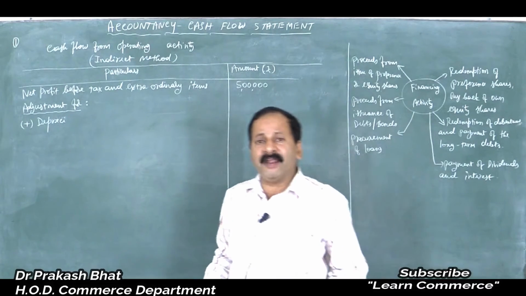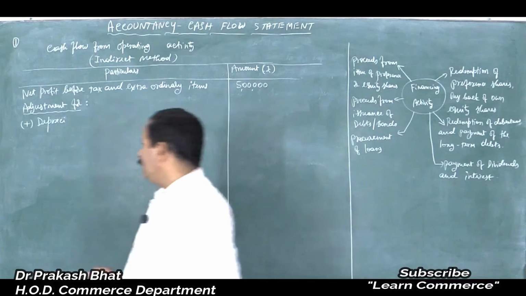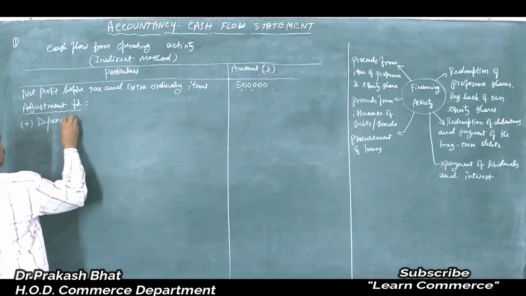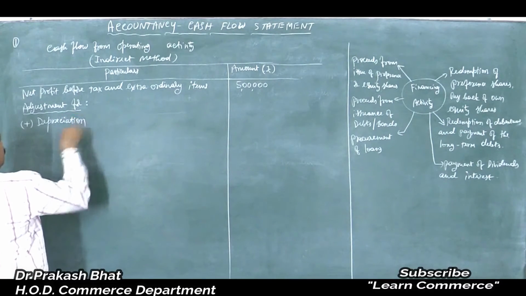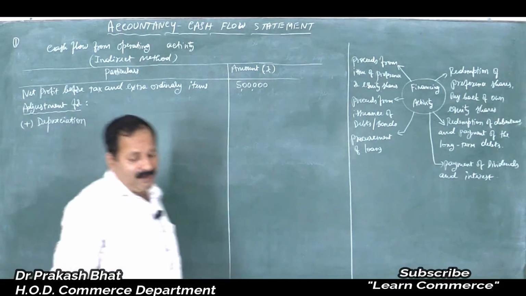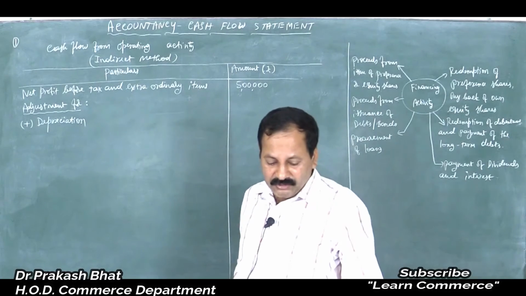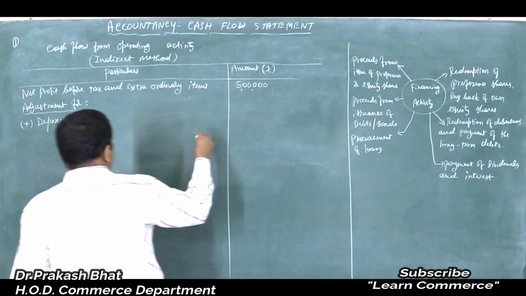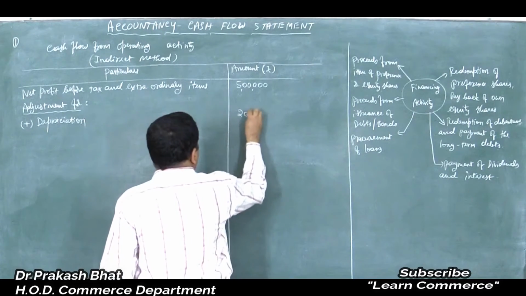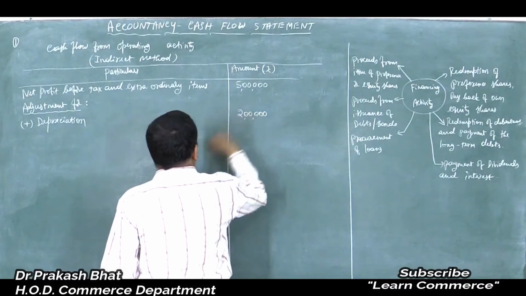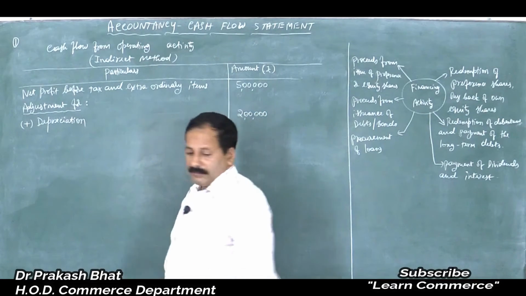If there are no brackets, it means it is a positive figure. Clear? So depreciation you have to add, isn't it? How much is it? Depreciation 2 lakh. Write in the amount column itself. 2 lakh.